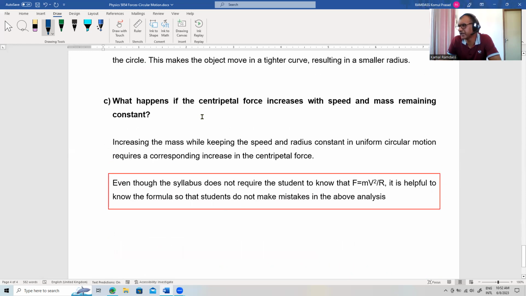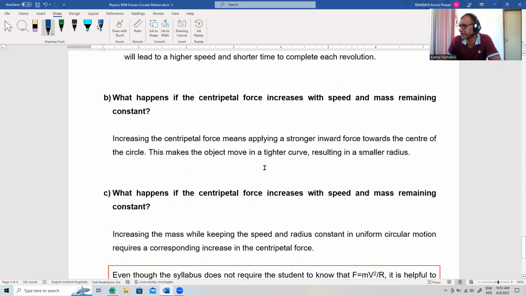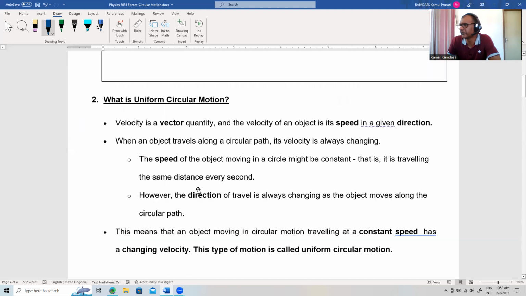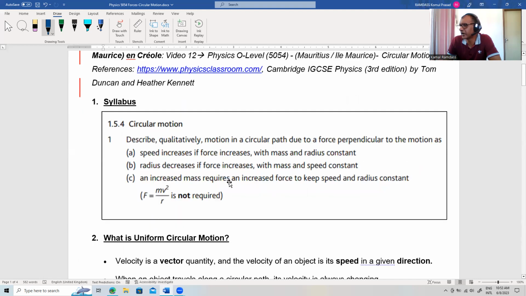Troisièmement, what happens if the centripetal force increases with speed and mass remaining constant? Ça veut dire speed and mass maintenant remaining constant. An increased mass requires an increased force to keep speed and radius constant.